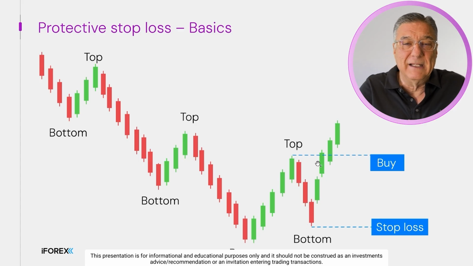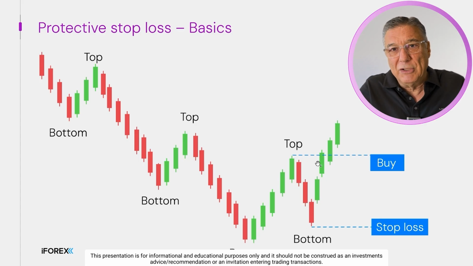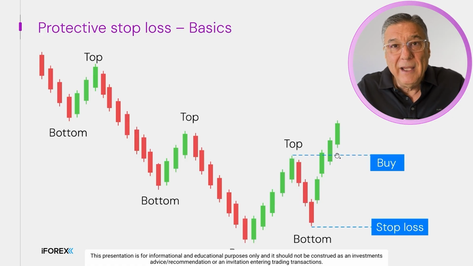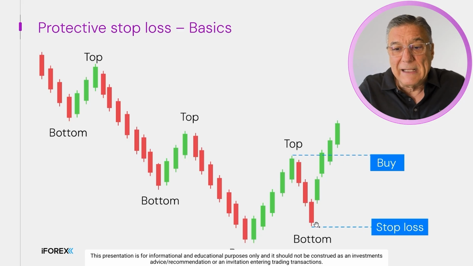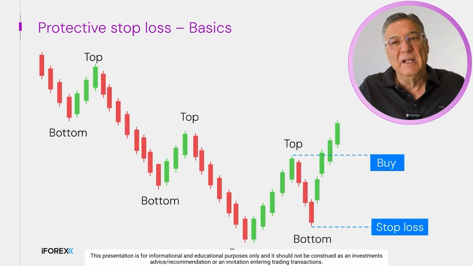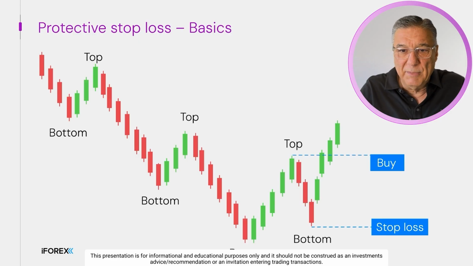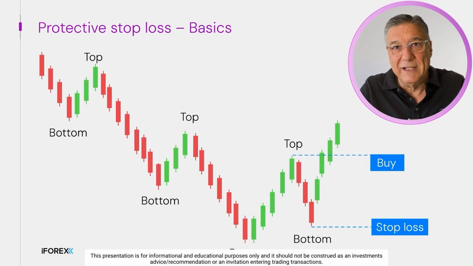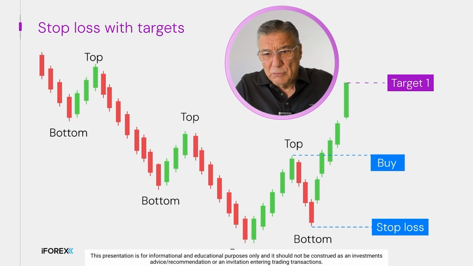So this is a reversal here, and based on our trading system, we're going to buy right above the top. At the same time, we have to place a stop loss right below the most current bottom, right? So this is our stop loss, our protective stop loss. And in this case, since we're using technical analysis, chart analysis, I call it a technical stop loss at the most recent bottom. So we can introduce here targets, profit targets, that is.